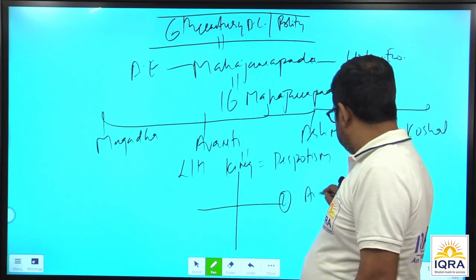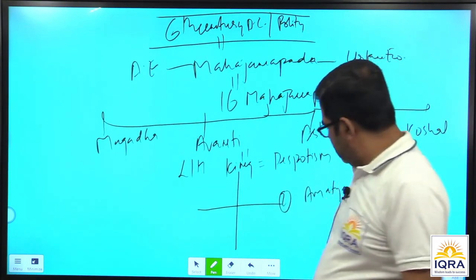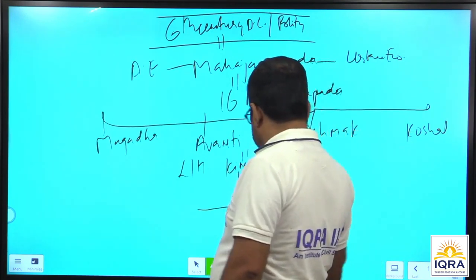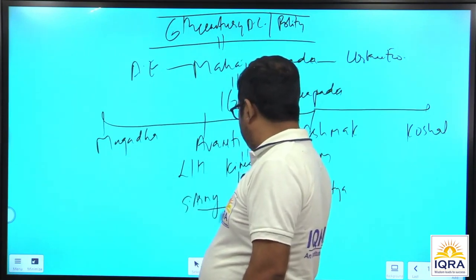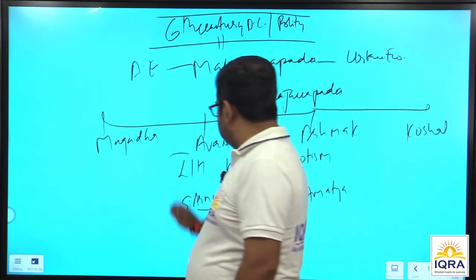Amatya, bureaucracy, judiciary, standing army. Who tells about standing army? The Greek historians. Taxation system.